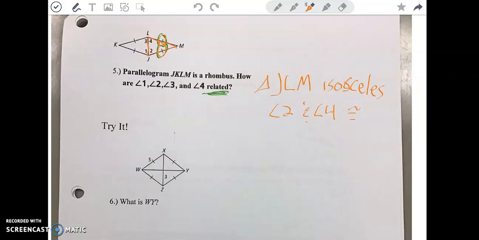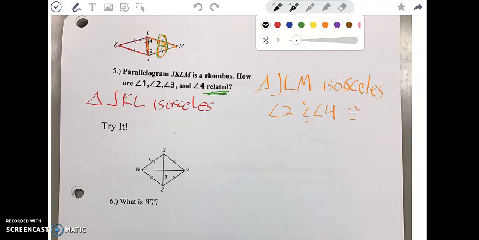Well, also too, when you look on the other side, you have JKL, also isosceles, because of their equal sides as well.